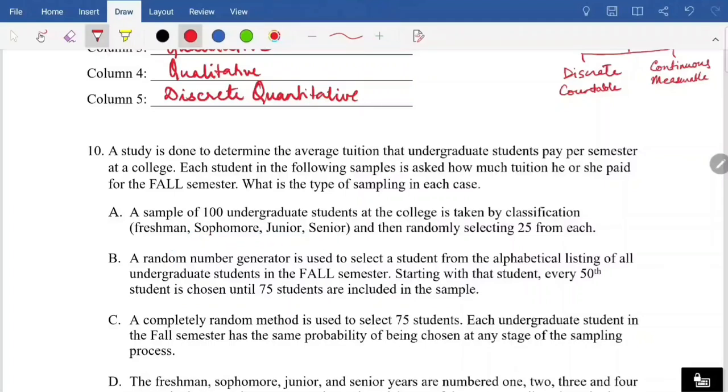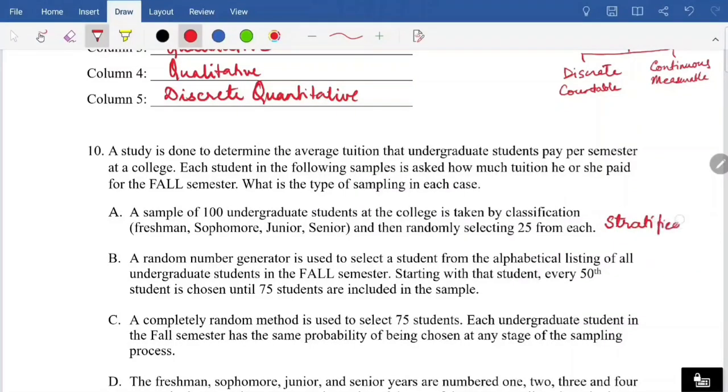And then from each of those classifications, they have selected 25. So 25 freshmen, 25 sophomores, 25 juniors, 25 seniors. This type of sampling is called stratified sampling.